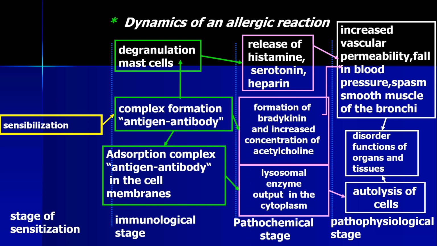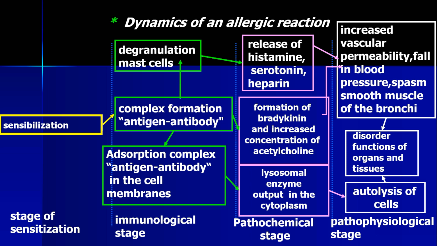Next, the mast cell degranulates, releasing several biologically active elements or mediators, and lysosomal enzyme activity is output into the cytoplasm. This process is called the pathochemical stage.